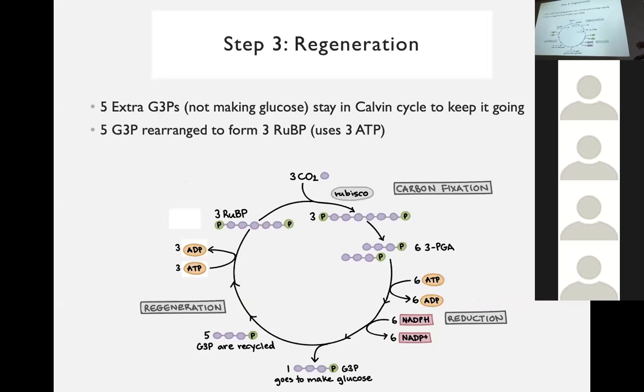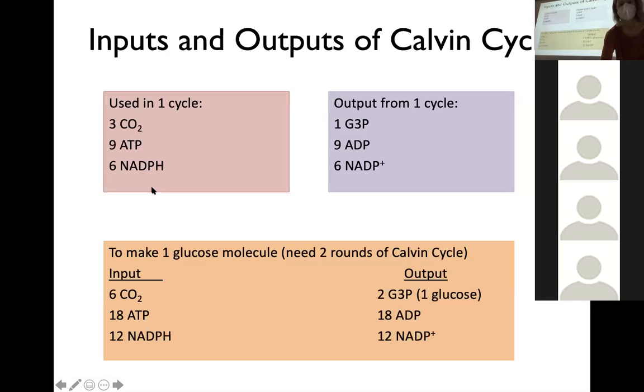Okay, I got it. I was confused a little bit. So some are used here, and some are used here. So 9 total. All right. Any other questions about these numbers?